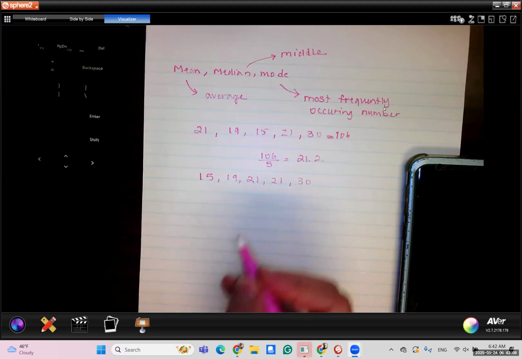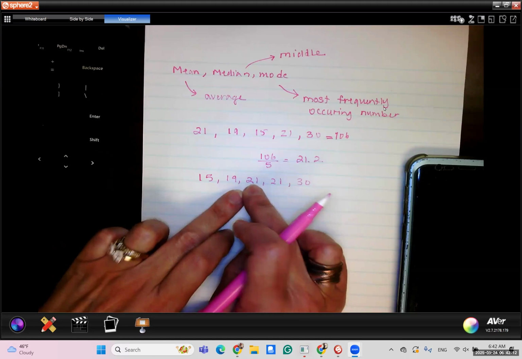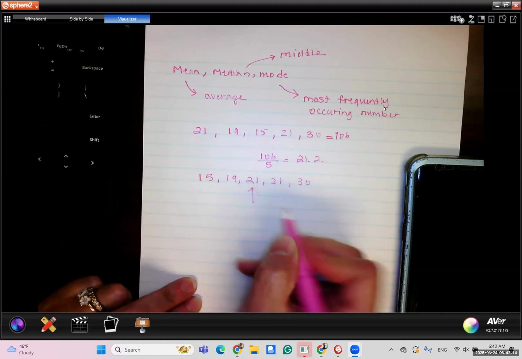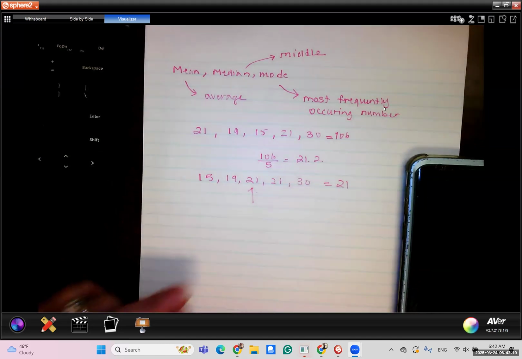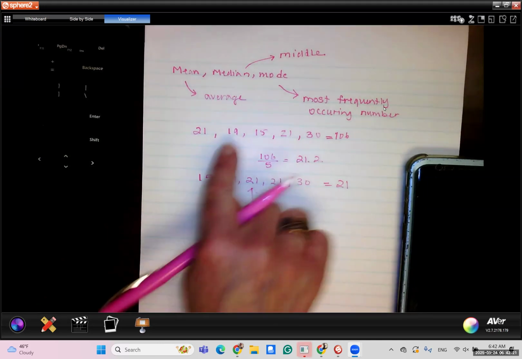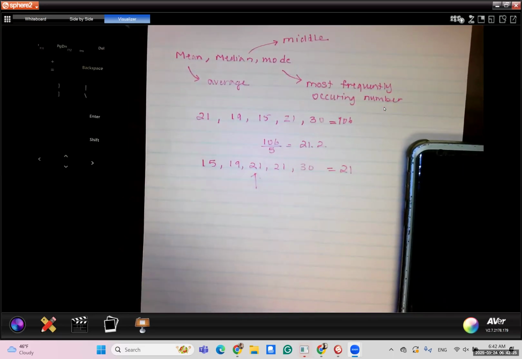Then we count from both sides, 1, 2, and then the middle is 21. So the median is 21, which in this case is very close to the average because this data doesn't have extreme data points. If it did, the median would probably be very different than the average.